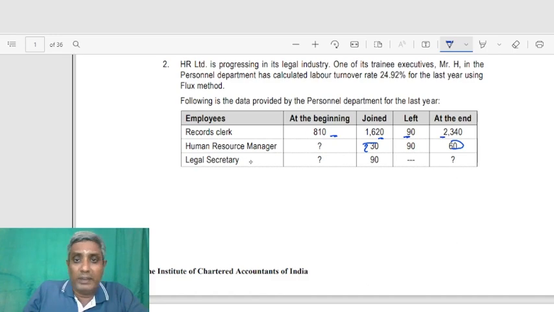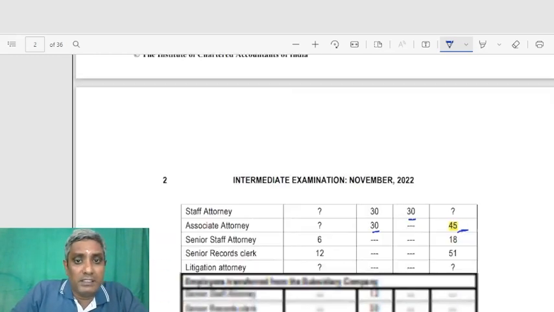So wherever three data are available, the fourth one is easy. Wherever two data or a single data are available, we need to find out as per the question readings. Hope I am clear. This is purely a labor turnover question.